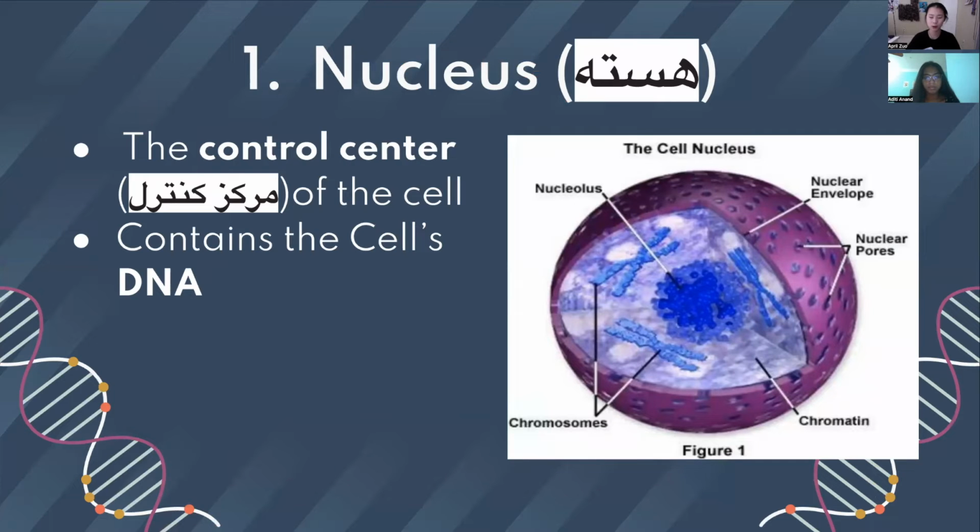And this is where all of the cell's DNA is. And as you know, since DNA tells the cell what proteins to make and things like that, the nucleus is kind of like a control room where the cell knows what to do based on signals from the nucleus.